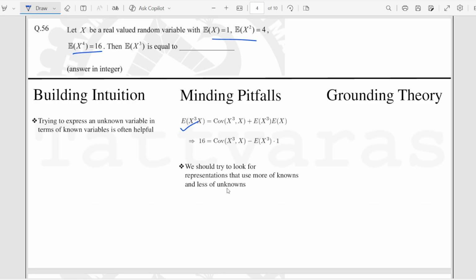But a pitfall that can happen over here is that you should try to look for the best possible representation, which is having more of what you know and less of what you don't know.